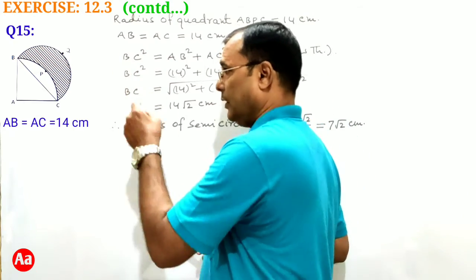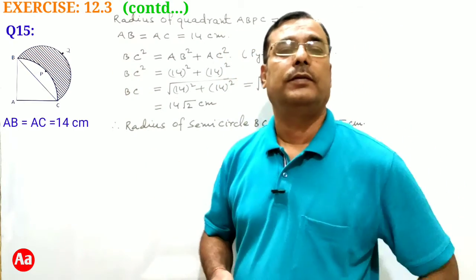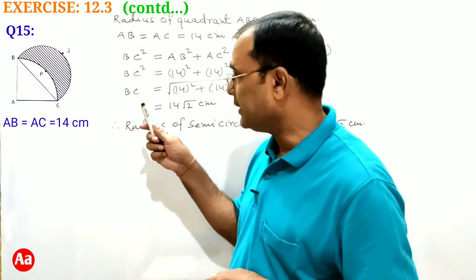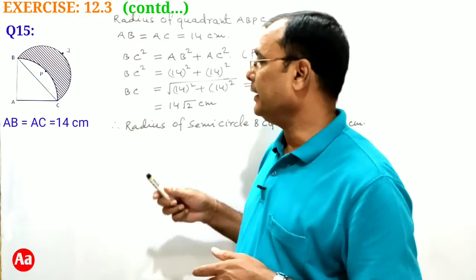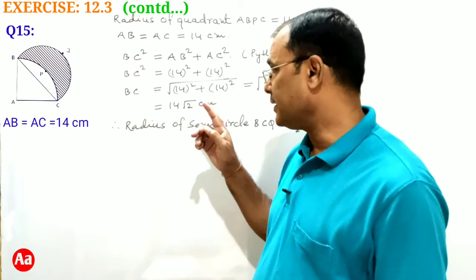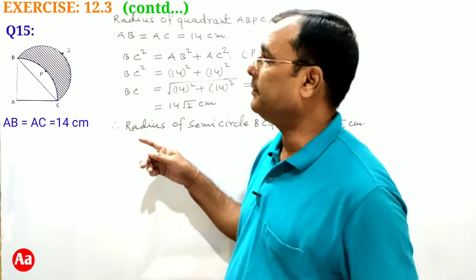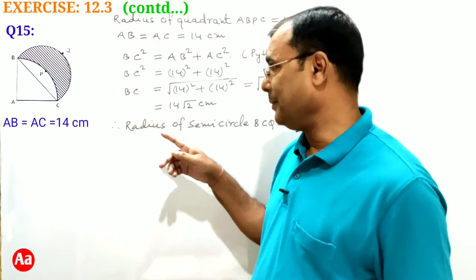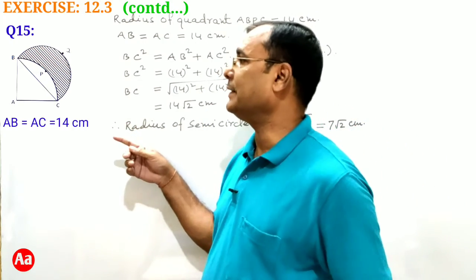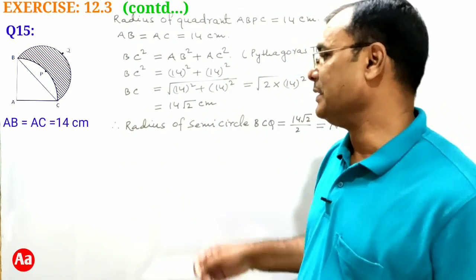Now see how we'll find the area of shaded region. Area of shaded region will be area of semicircle BCQ plus area of triangle ABC minus area of quadrant ABPC.